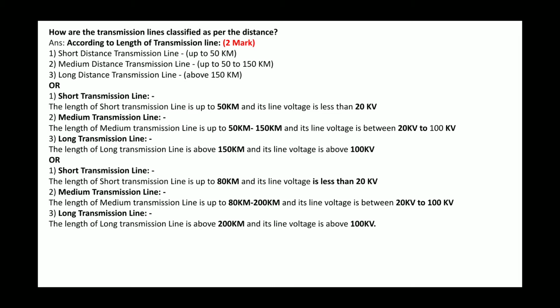The first, the short transmission line: its length is up to 50 kilometer and its voltage is less than 20 kV. The medium transmission line: its length is 50 kilometer to 150 kilometer and its line voltage is between 20 kV to 100 kV. And the long transmission line: its length is above 150 kilometer and its line voltage is above 100 kV. The next is the performance of the short transmission line.